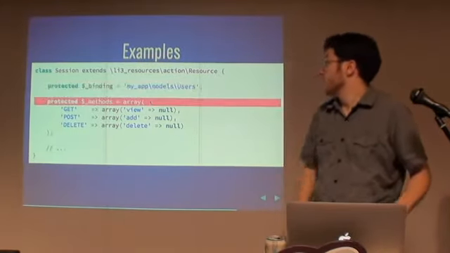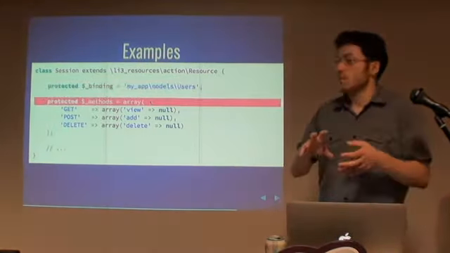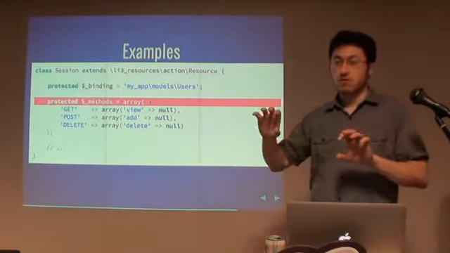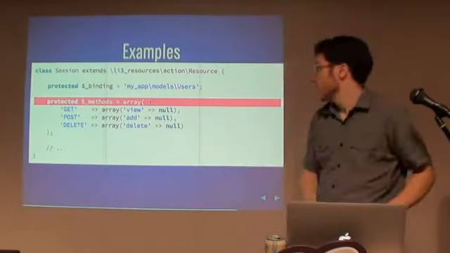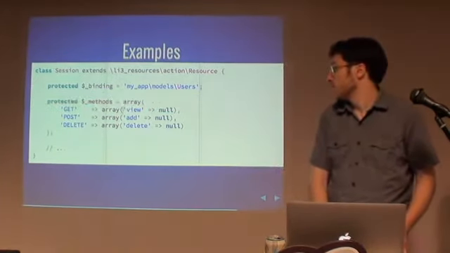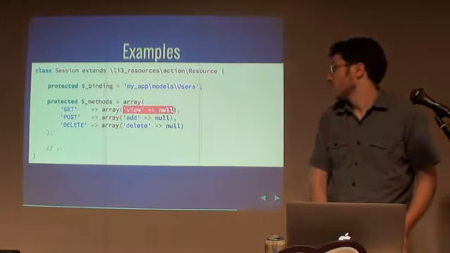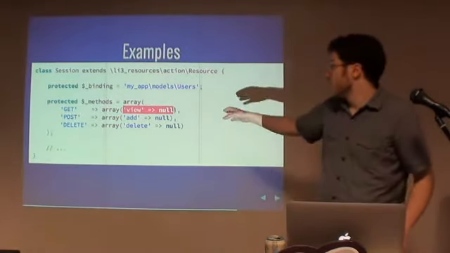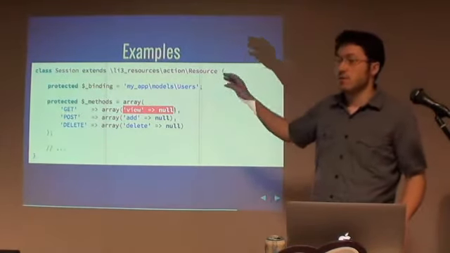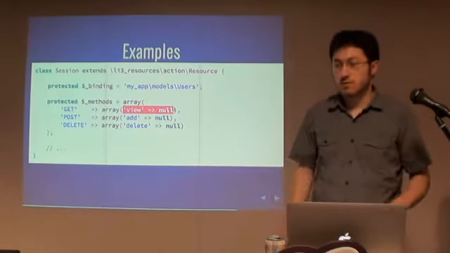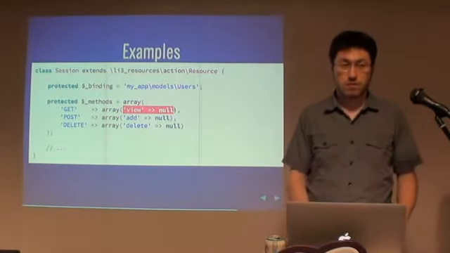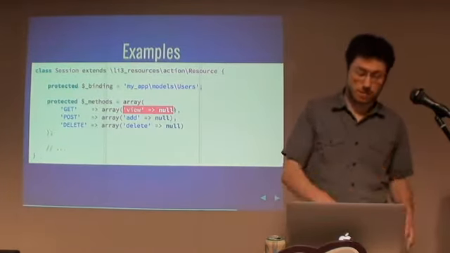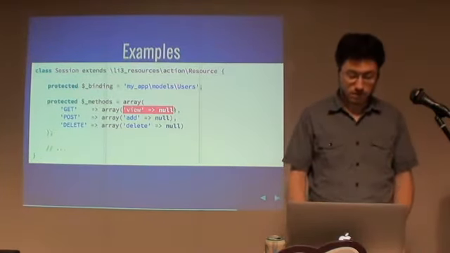And this method mapping tells the resource how to map HTTP methods to resource class methods. And this part indicates that no methods require any parameters from the URL.